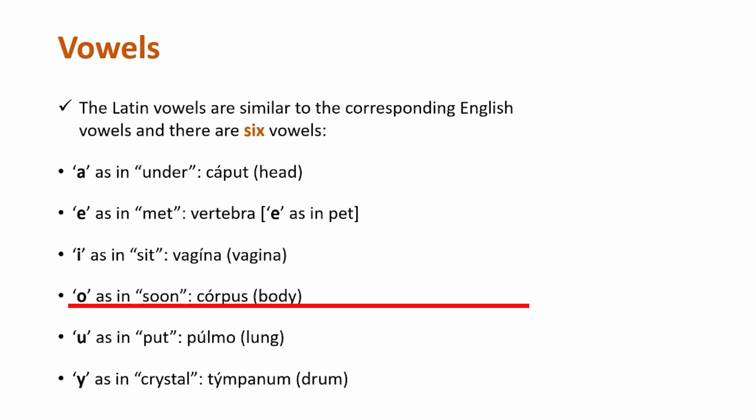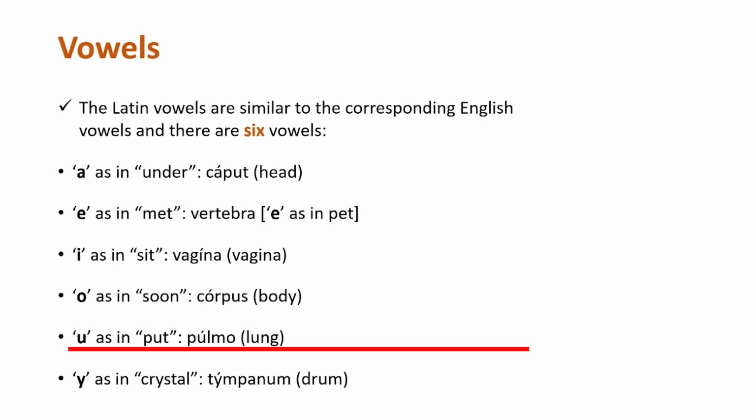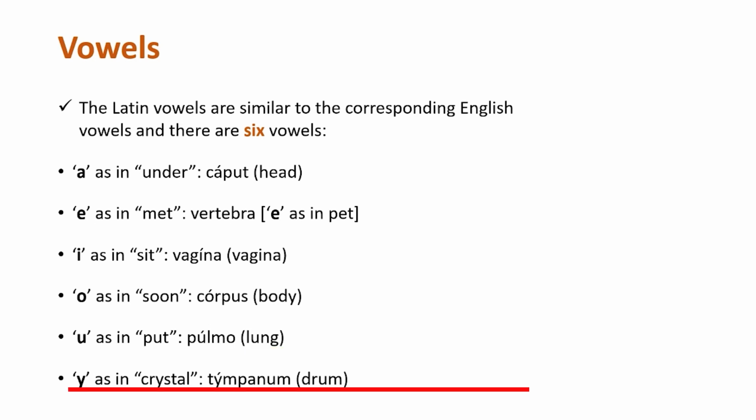U as in put, or pulmo. Y is pronounced as I, as in crystal, or tympanum. So these are the vowels.